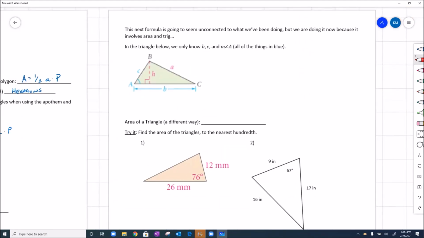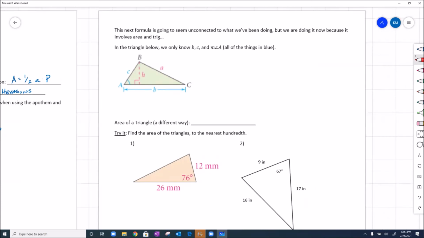This next one is going to seem a little unconnected to what we've been doing, but we're doing it now because it involves area and trig. So not a regular triangle here, but we'll be able to find it. In the triangle below, we know B, C, and measure A, all the things in blue. We can find the area of a triangle by doing this.